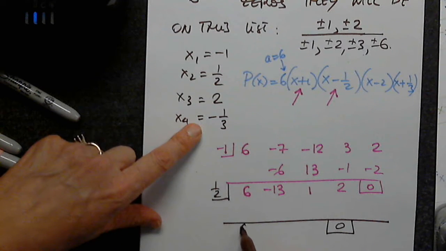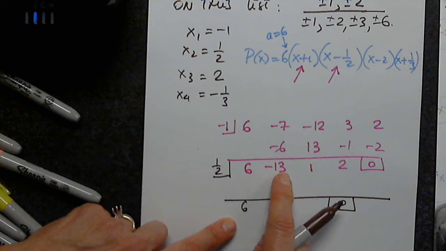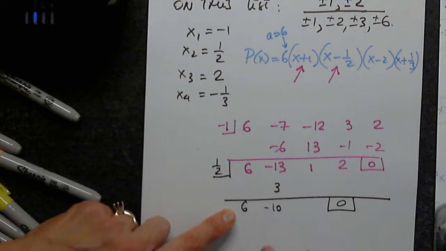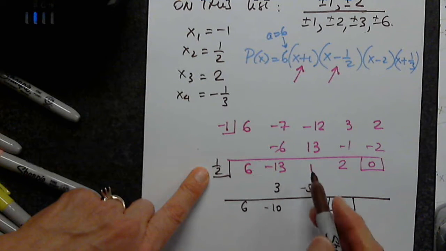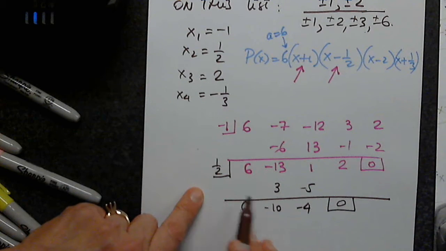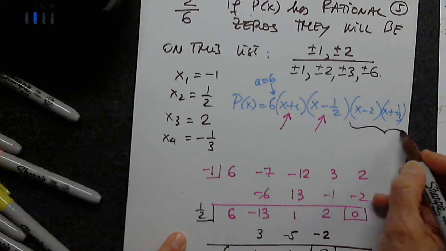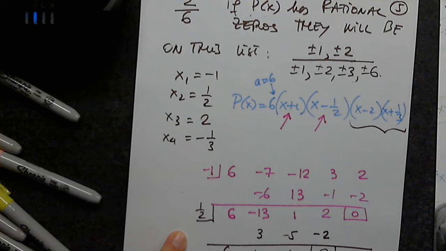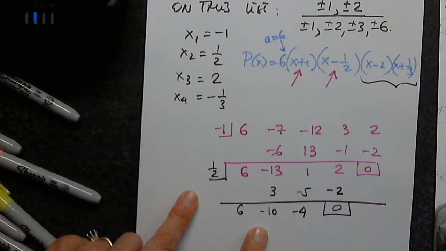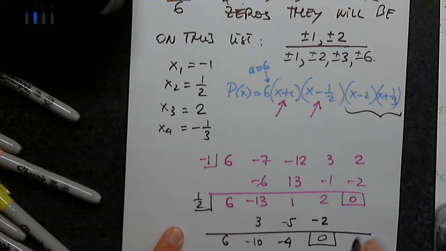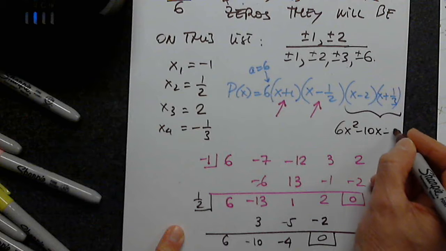I bring 6 down. 1/2 times 6, 3. -13 plus 3, -10. 1/2 times -10, -5. -5 is -4. 1/2 times -4 is -2. So I know now, which I did not know before, that this product is 6x squared minus 10x minus 4.